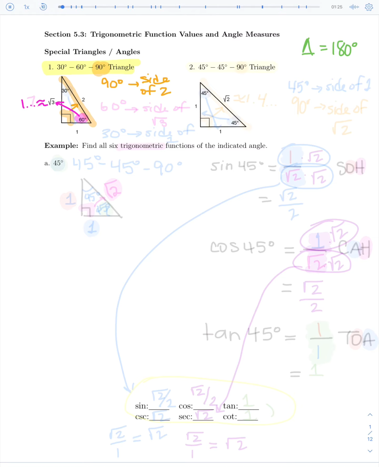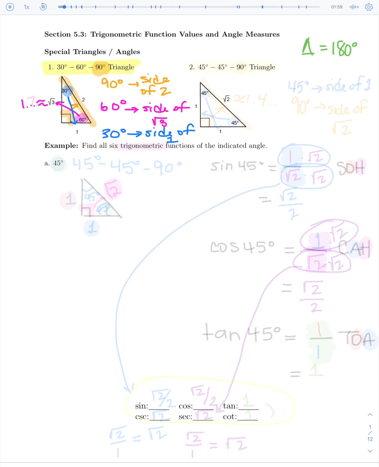So the 30, 60, 90 triangle has a side of 2, a side of the square root of 3, which is the second biggest side, and the second biggest angle, which is the 60 degrees. And the last angle that we care about is the smallest one, which is the 30 degrees has the smallest side, which is side value of 1. So the 30 degrees has a side of 1 opposite to it.